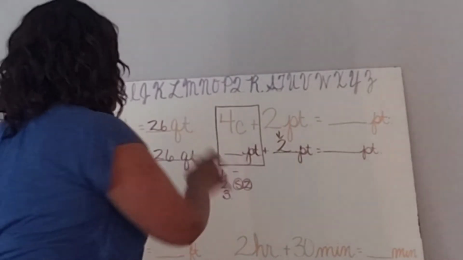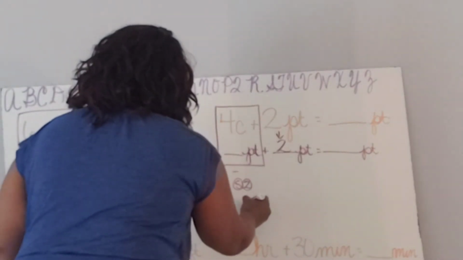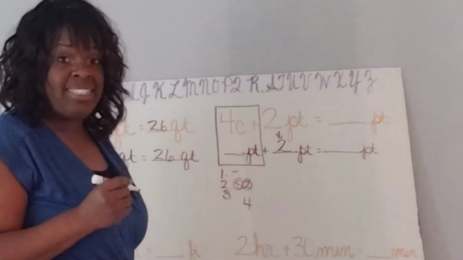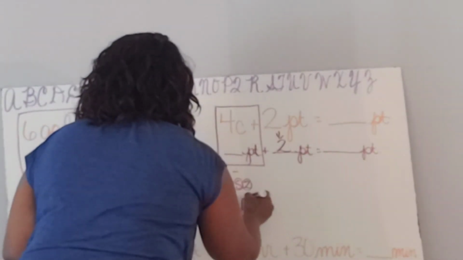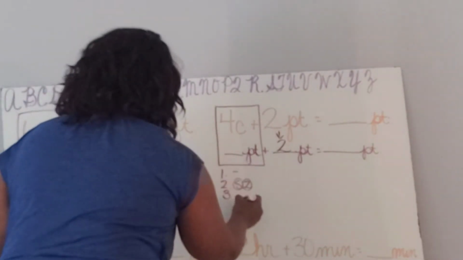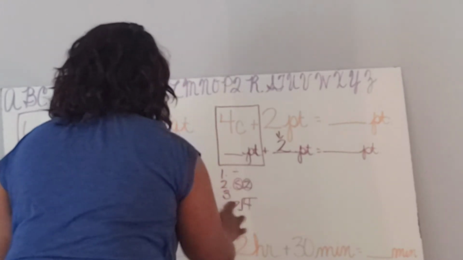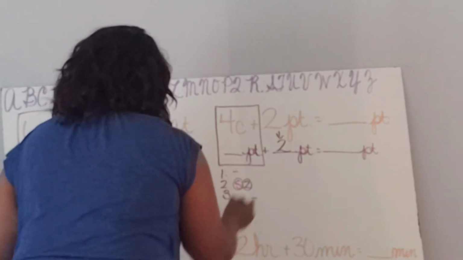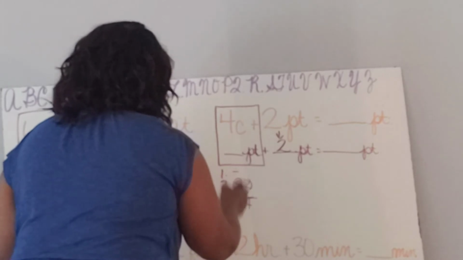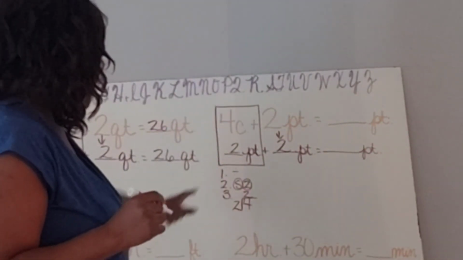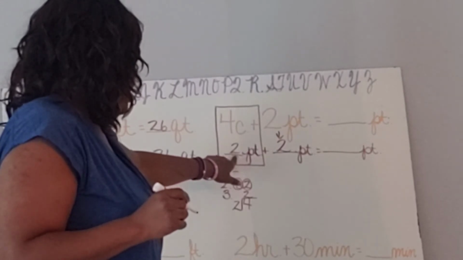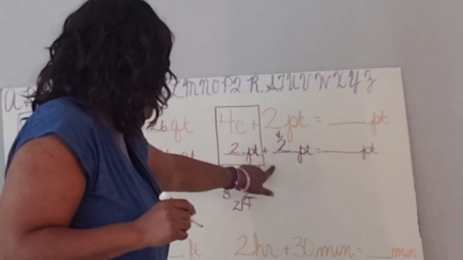Take the larger number, write that first. Do what number 1 says. Not multiply, but divide with the smaller of my 2 numbers, 2. 4 divided by 2 equals 2. So I put that in the box. Now I look at the bottom problem and I know how many pints are here and here.